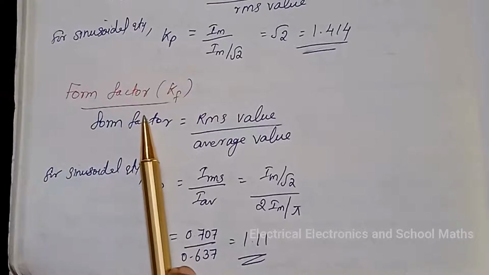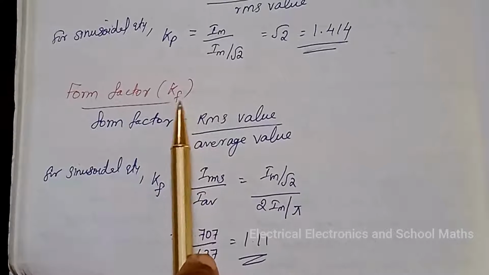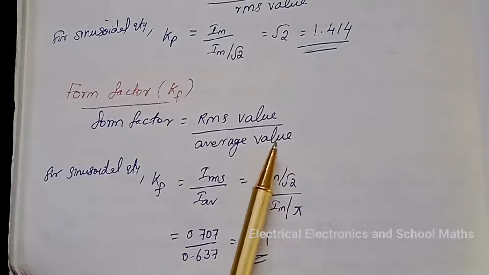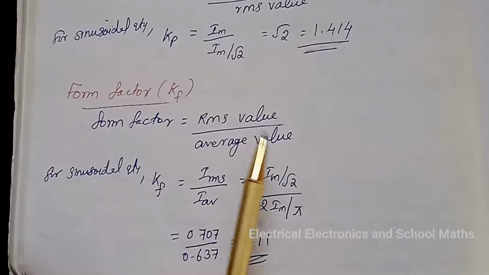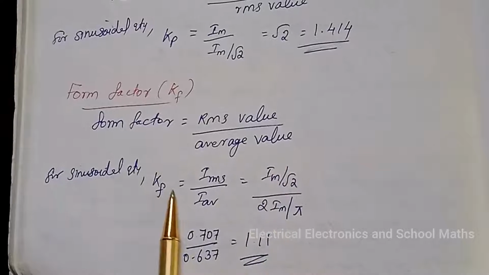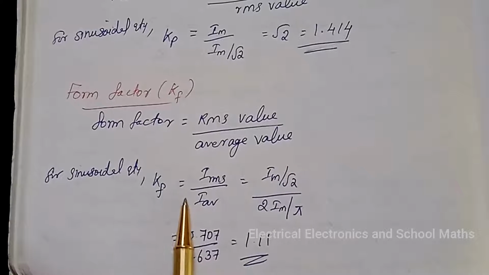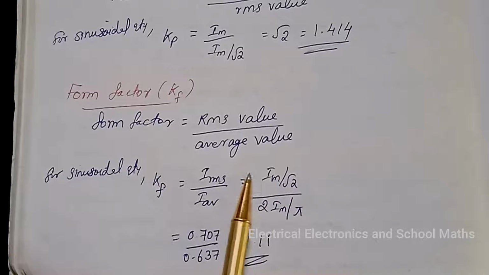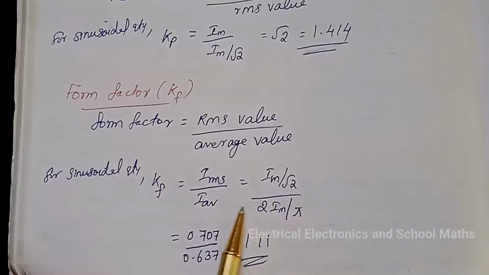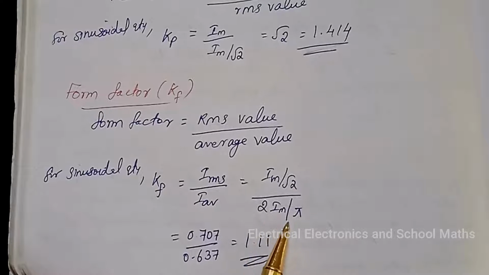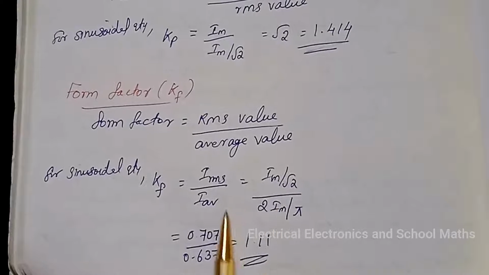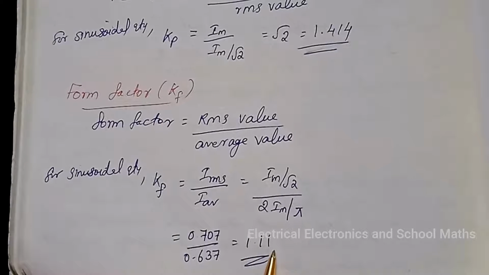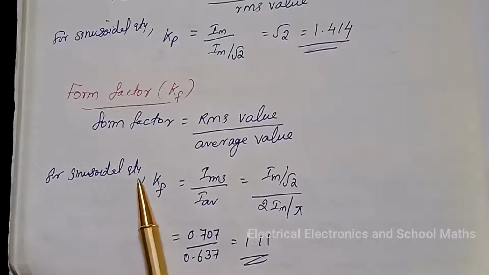Next is form factor, denoted by the letter Kf. The ratio of RMS value to the average value of an alternating quantity is called form factor. For a sinusoidal quantity, Kf is equal to I RMS divided by I average. That is, I RMS is Im by root 2 and I average is 2 Im divided by pi. We get the form factor as 1.11 for the sinusoidal quantity.